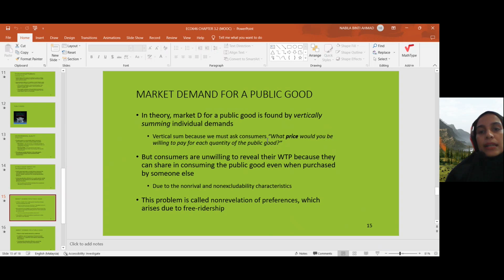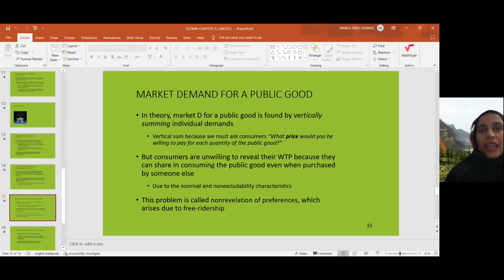It is a vertical sum because we must ask consumers what price they would be willing to pay for each quantity of the public good. But the consumers are unwilling to reveal their willingness to pay because they can share in consuming the public good even when purchased by someone else, meaning they cannot be excluded.